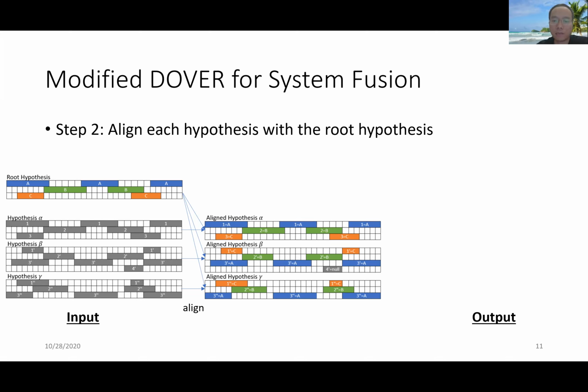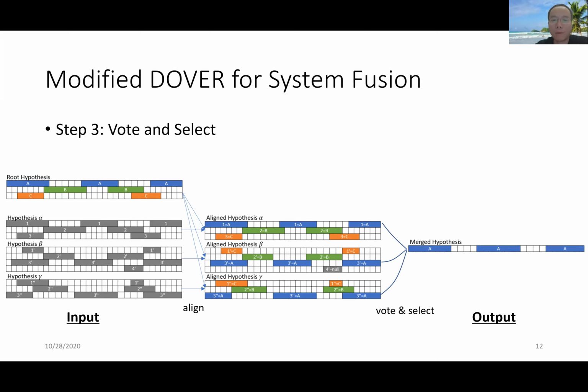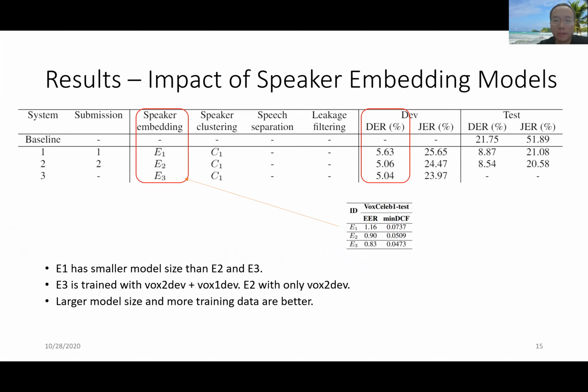If a system has more speakers than the root hypothesis, extra speakers are discarded after the mapping. After all hypotheses are aligned with the root hypothesis, for each speaker and each time step, the final speaker activity is decided by voting. Let's move to the results.